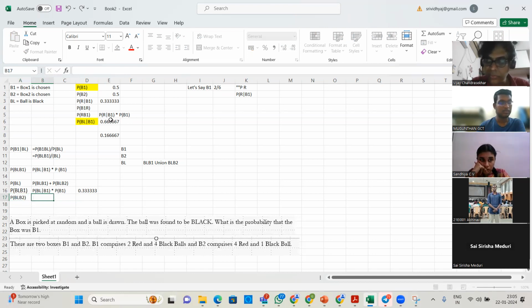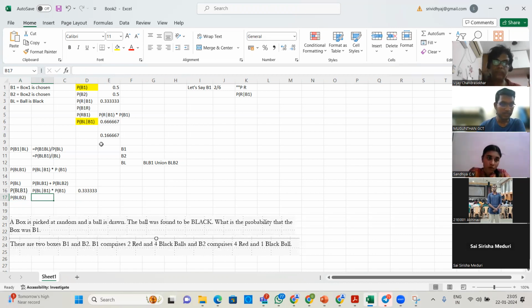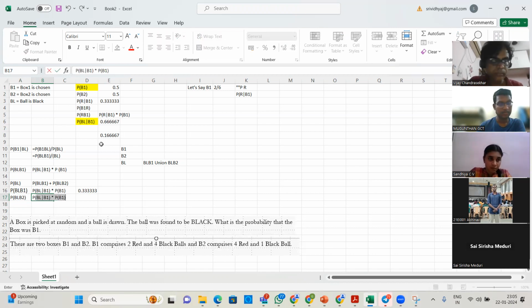Now let's do probability of BL B2. How do I write this? Probability of BL given B2 into probability of B2. Okay. BL given B2 multiplied by probability of B2.